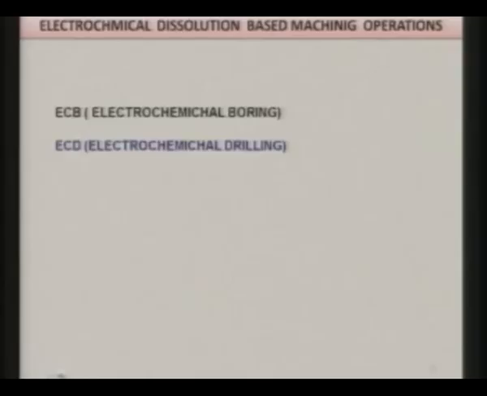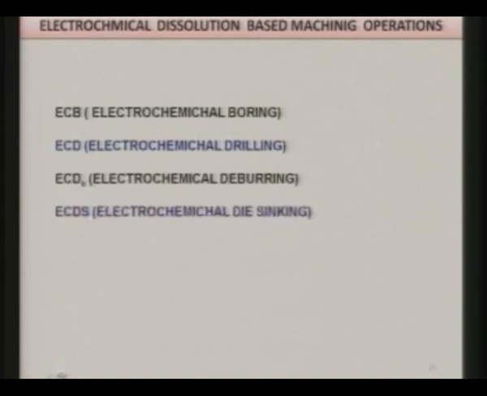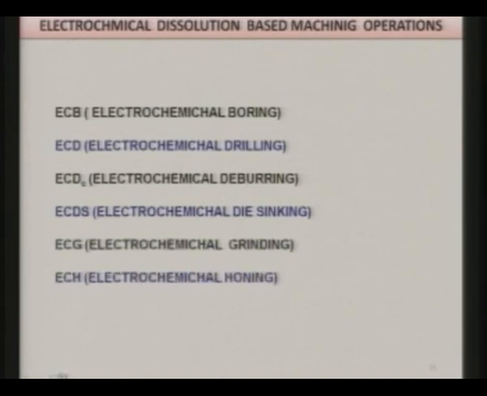One of them is the electrochemical boring operation, and then there is another operation, electrochemical drilling. You can do electrochemical deburring, electrochemical die sinking, electrochemical grinding, electrochemical honing, and then electrochemical machining.